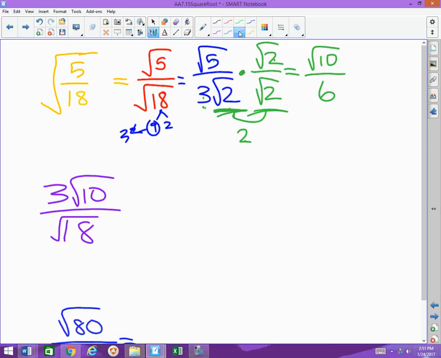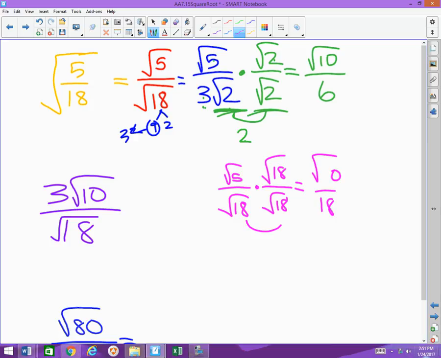Now, the other way that you can do this is not simplify it first and then multiply by the square root of 18 over the square root of 18. Well, the denominator then turns into 18, and this becomes square root of 5 times 18, which is 90.